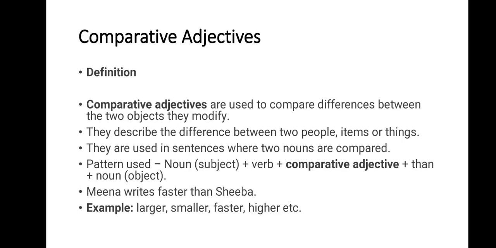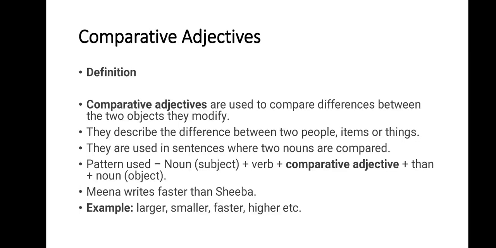For comparison, suppose you want to compare something, you cannot compare a noun with just a single noun. You at least need a minimum of two nouns or two items or two people to make the comparison. So what is the pattern used here? The pattern is noun, which you also call the subject, plus the verb, whichever verb or action word you're using, plus comparative adjective, plus than.